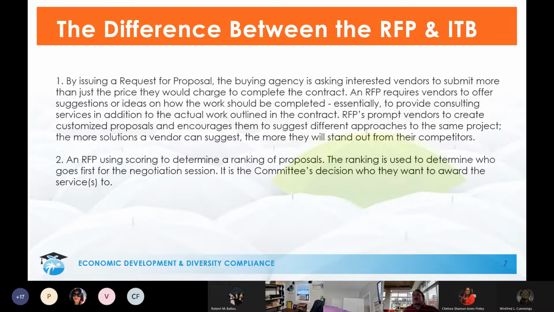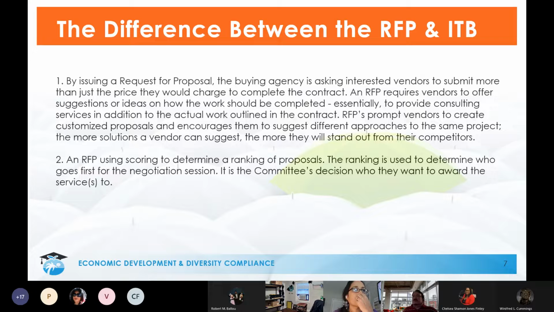So if you're the first one, that doesn't necessarily mean you have the contract. It's basically that when we go through the negotiation session, you would be the first one that we talk to. Now, during a negotiation session, you can either negotiate price, you can negotiate terms and conditions, except for a few that I will mention later, and any sorts of suggestions on the scope of services as well.